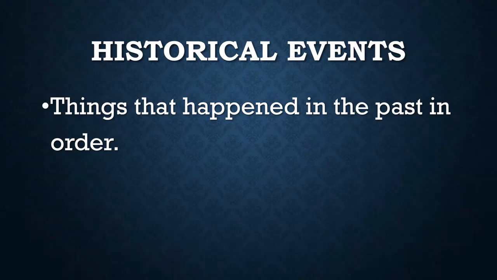Those are all historical events, things that really happened in the past, that happened before. And you can look those up on what's called a timeline. Just like a number line, it tells things from left to right, depending on what happened first. On the left, things happen first, and at the other end, they happen last.